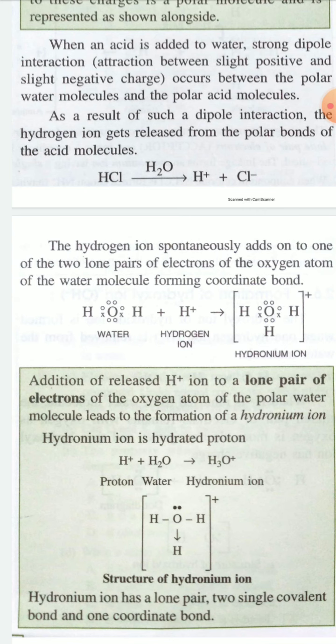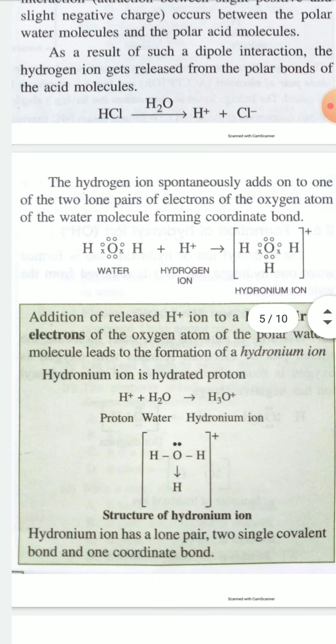In the box you can see the structure of the hydronium ion. It is clear from the structure that the hydronium ion contains two single covalent bonds and one coordinate bond between hydrogen and oxygen. So the hydronium ion has a lone pair, two single covalent bonds, and one coordinate bond.